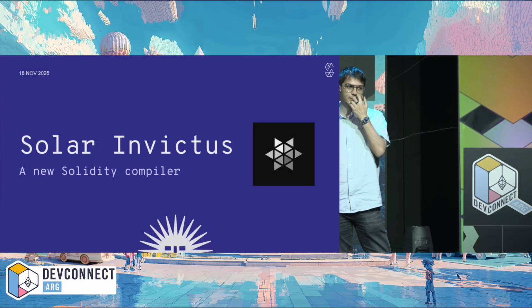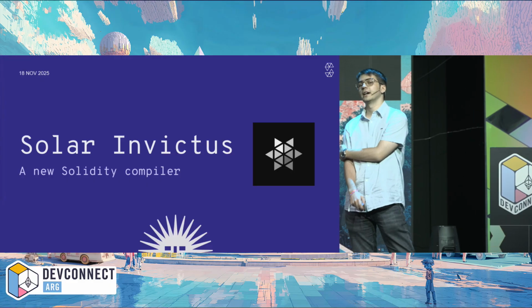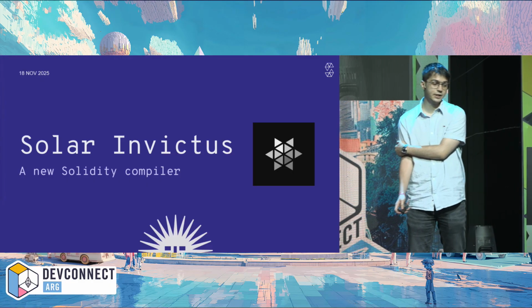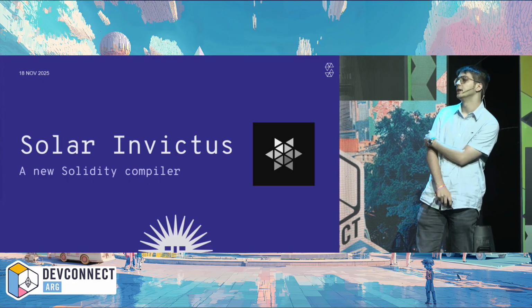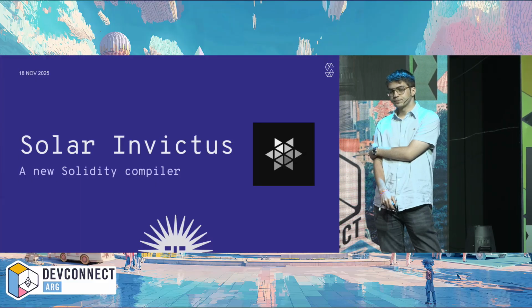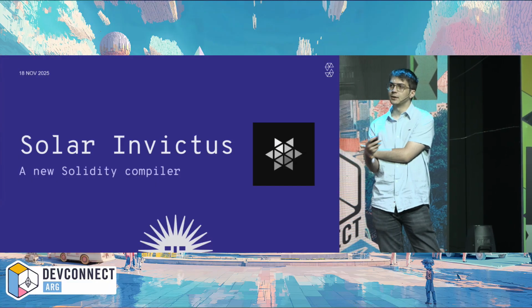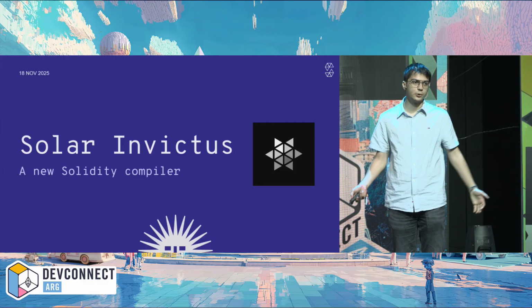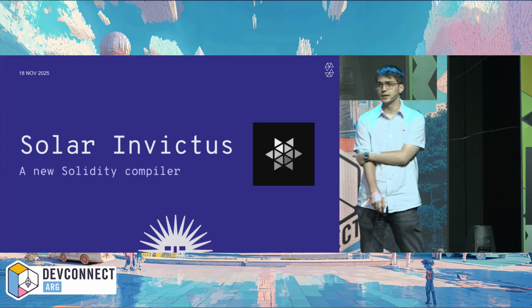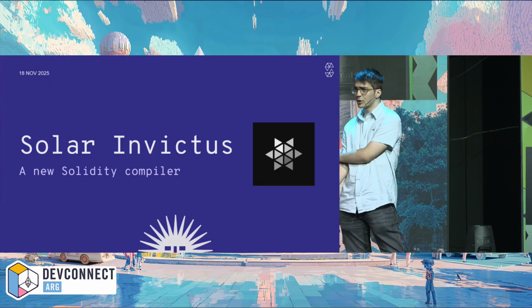So a bit about me. As a background, I started programming smart contracts in 2021. At the time, there was no Foundry. The best toolkit that we had was Hardhat, and we had a lot of problems.